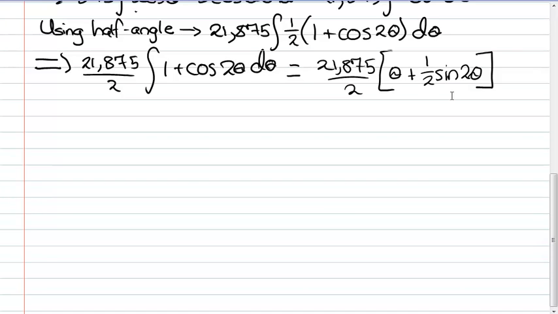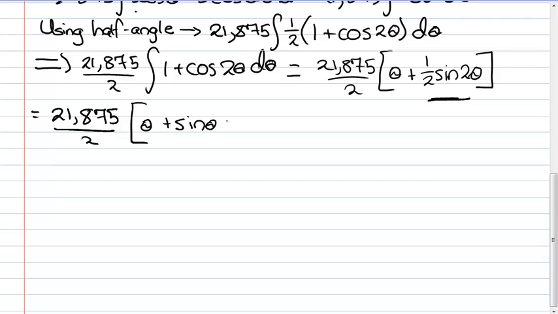Before I move on, I want you guys to realize that you have 1/2 sine 2 theta. How else can we rewrite this? The double angle theorem. When we rewrite it, it's going to be 21,875 divided by 2 times (theta plus sine theta cosine theta).